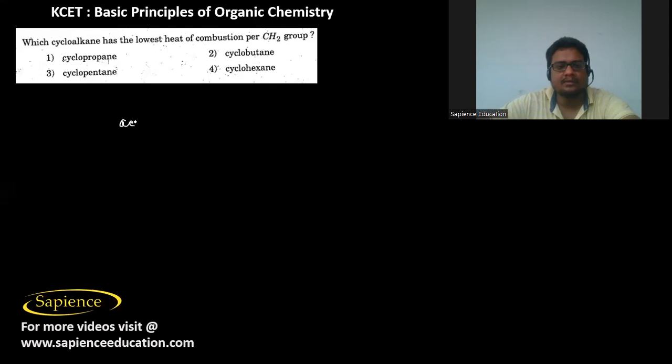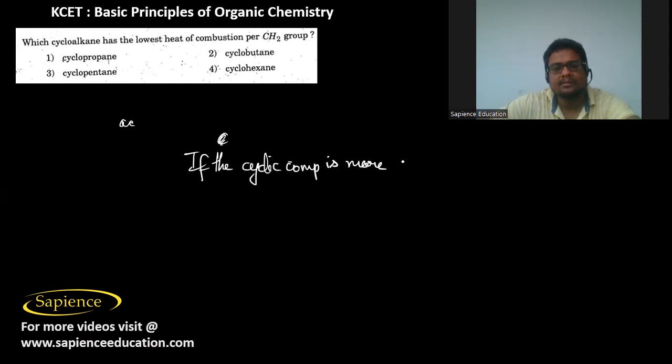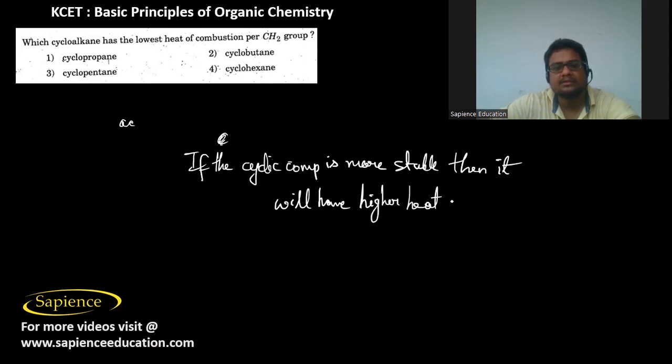Now, according to the Baeyer strain theory, as we know, cyclopentane is the most stable, and simply the rule is that if the cyclic compound is more stable, then it will also have higher heat of combustion per CH2 group.